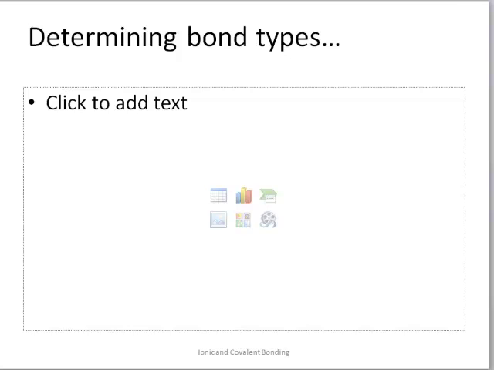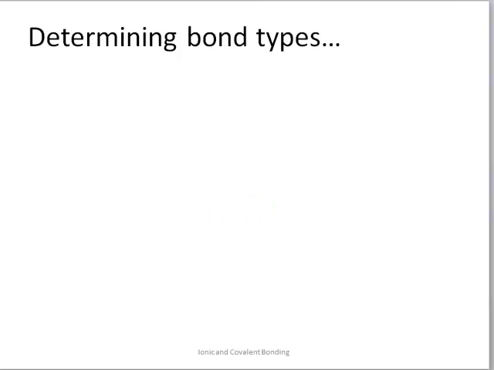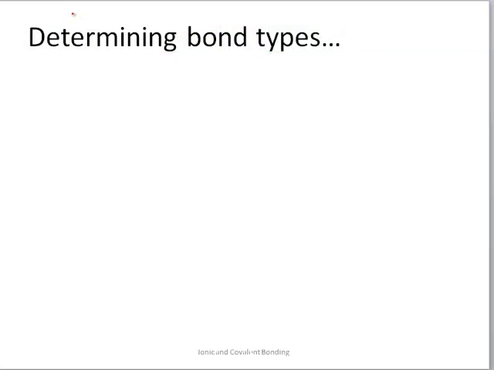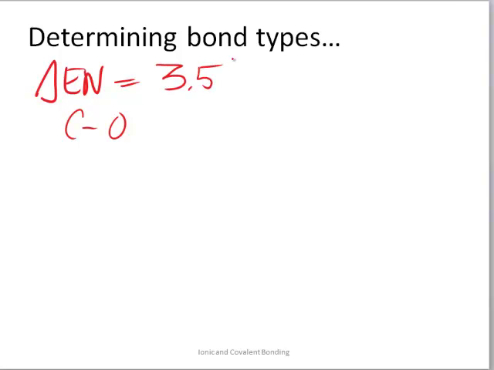Okay, so how do you do these? You look at those values on the previous table, the first table of this video lecture, and you calculate the change in electronegativity. So let's do it for a carbon-oxygen bond. We look up the electronegativity value for oxygen. That's 3.5.